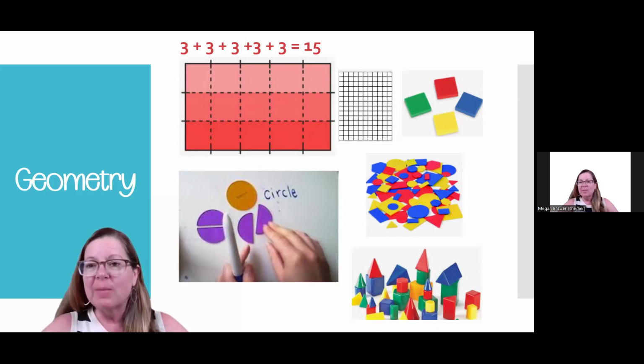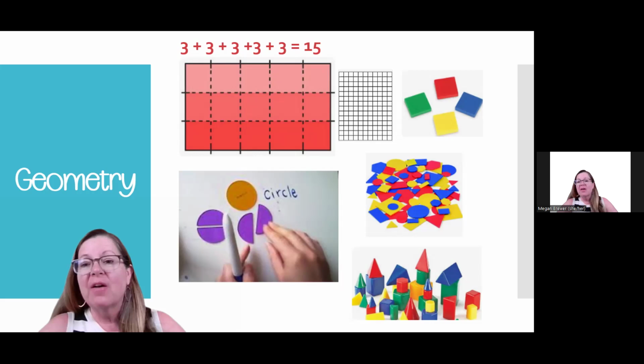Here are some more geometry standards for second grade. Partition circles and rectangles into 2, 3, or 4 equal shares. Then describe the shares using the words halves, thirds, half of, a third of, fourths, a fourth of.